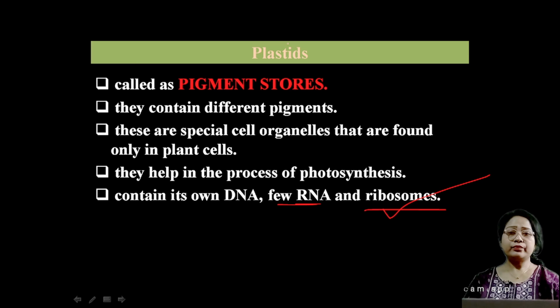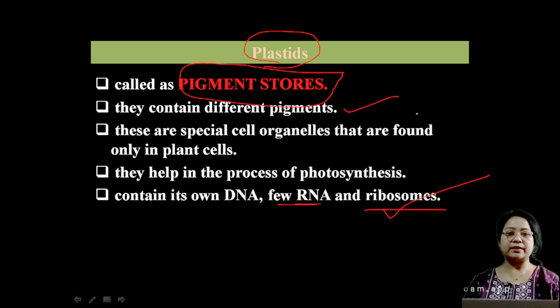So what are plastids? Plastids are called pigment stores because they contain various types of pigments. They might be colorless or colored pigments. Then they help in the process of photosynthesis because of the presence of chlorophyll inside the plastids.